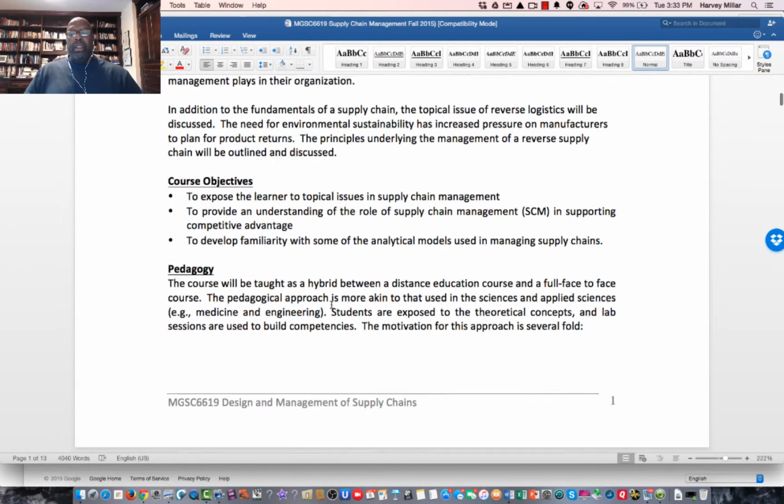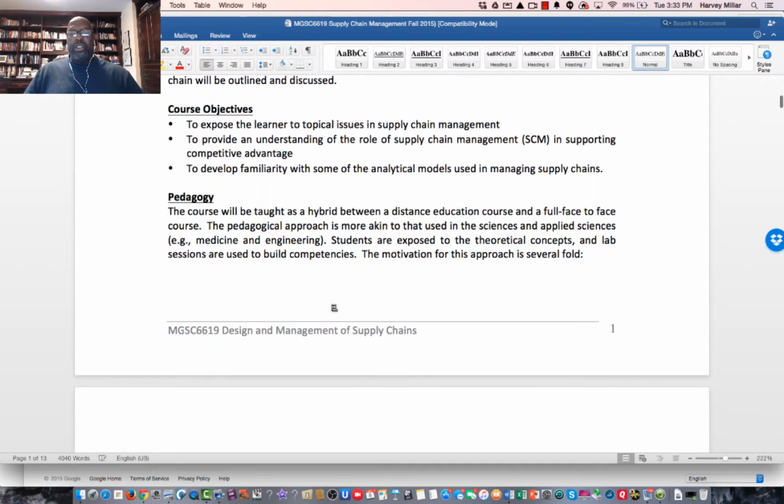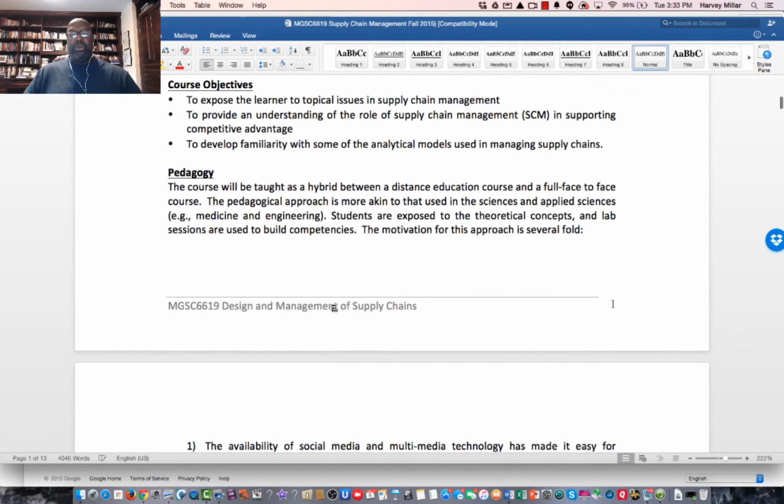All right. Now, as I mentioned earlier, the approach to the course is what we call a blended learning model. By a blended learning model, we're going to use some technology in conjunction with face-to-face. Face-to-face, which will take place in the classroom, will emphasize more active engagement, discussions, case presentations, and so on.